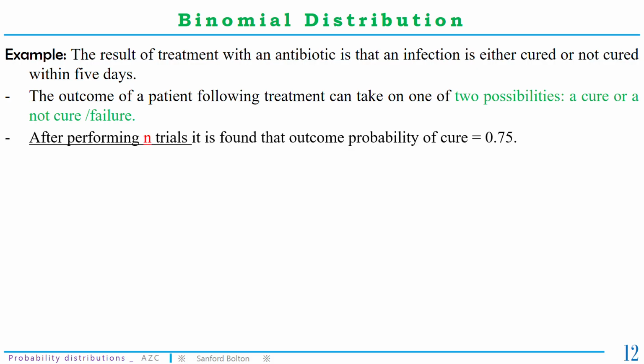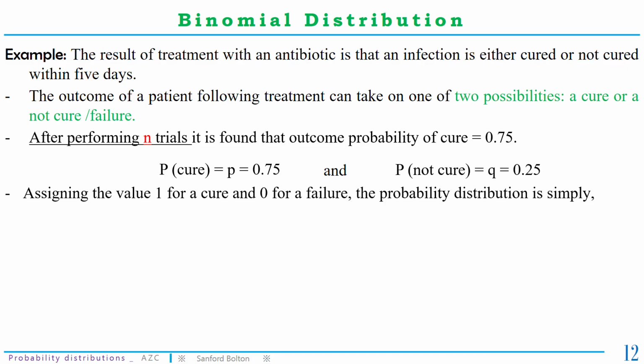After performing n trials, it is found that the outcome probability of cure is 0.75. So, the probability of cure is P equal to 0.75, and the probability of not cure is Q equal to 0.25.